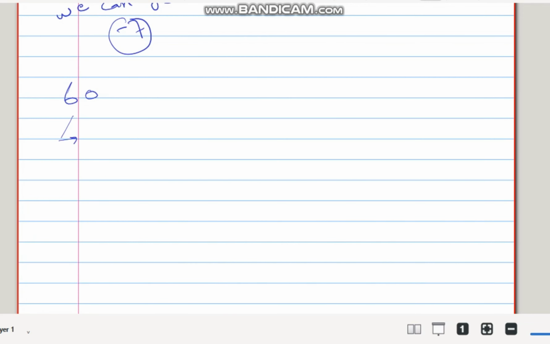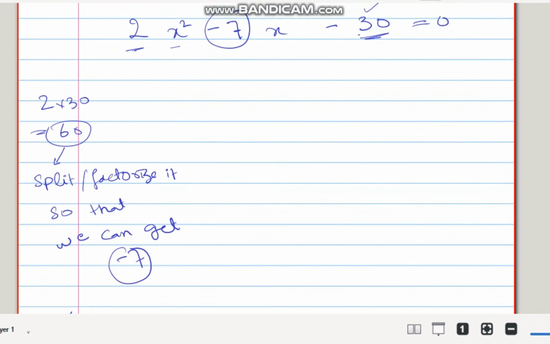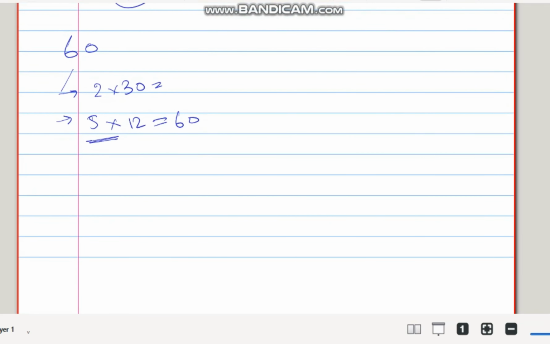How many pairs? For example, 2 multiplied by 30 is one pair, and 5 multiplied by 12 is another pair. It's a very important pair. I think it is also the solution for our question. Let's see this pair.